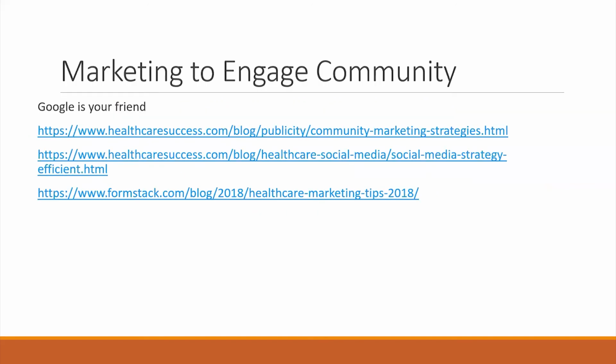And then marketing to engage our community and start to look at, okay, how do I get my community engaged? What do they need from me? And these are just a few resources to change up, do what you want, and look at ways to start to engage our community and also let them be aware of what we're doing.